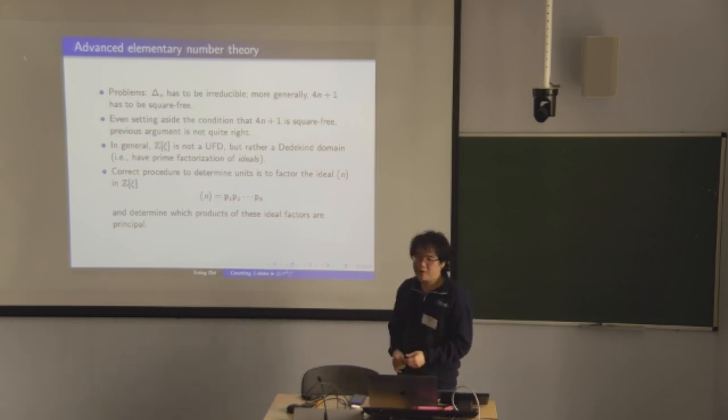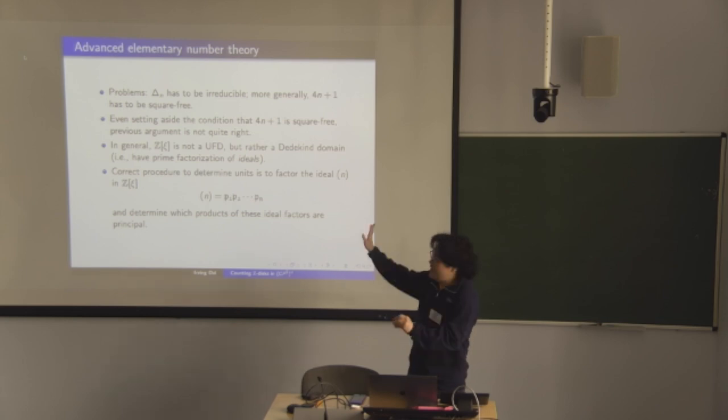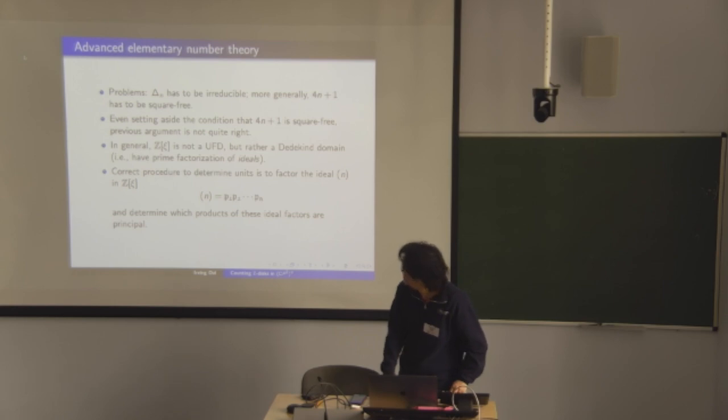So you have to take the argument and patch it in a bunch of cases. That's actually why the stevedore, with its Alexander polynomial, also has a finite number of Z disks, even though that's a case where n is greater than 0. I'm not really going to talk about the patches necessary in the number theory, but if you have questions about it, you can ask me afterwards.